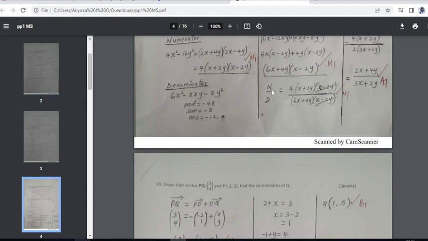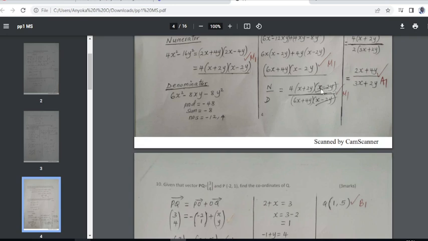So combine numerator and denominator. Combining numerator and denominator, there are some brackets that we cancel. Brackets are considered as one term. When a bracket is introduced, that is one term.